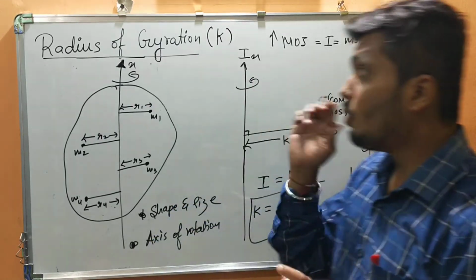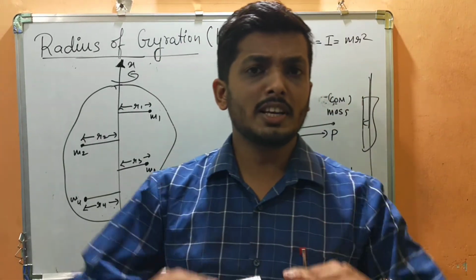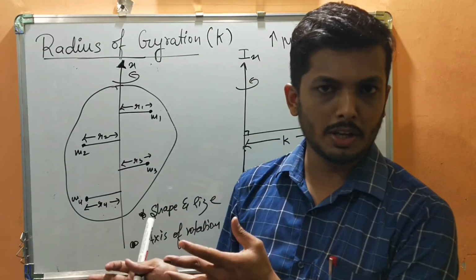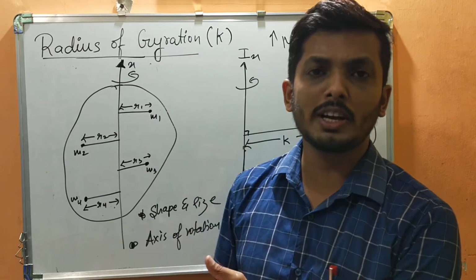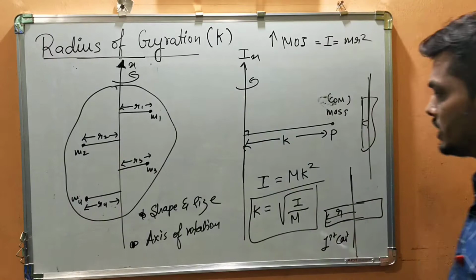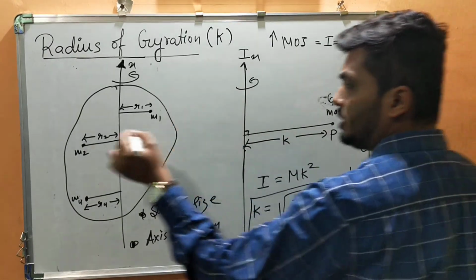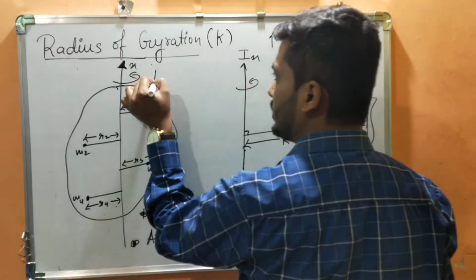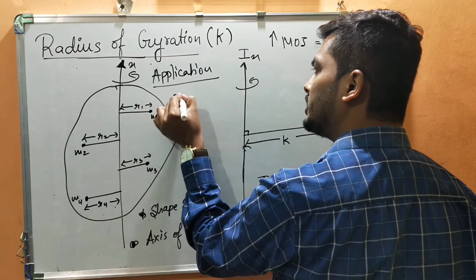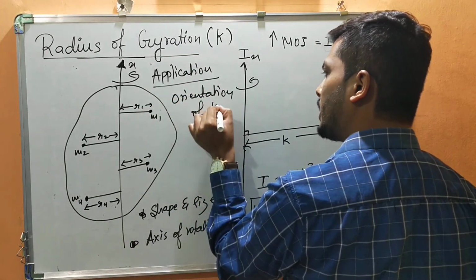But what does radius of gyration do for you? Radius of gyration will make things simpler. Rather than complicating yourself with moment of inertia, if you feel moment of inertia is complicated, straight away go to the radius of gyration, because radius of gyration will tell you about the arrangement of the particles. The main application of radius of gyration is the orientation of the particles.